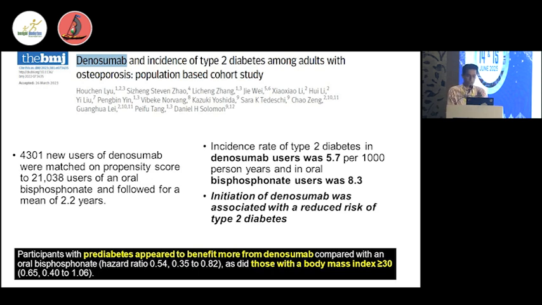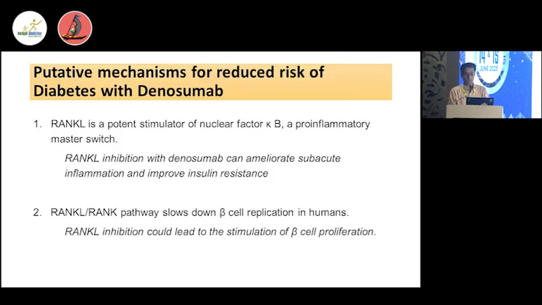There were around 4,000 patients on denosumab compared with around 21,000 patients on oral bisphosphonate, followed for 2 years. Very interestingly, the incidence rate of type 2 diabetes was significantly lower with denosumab compared to oral bisphosphonate. So they concluded that denosumab perhaps can be associated with a reduced risk of type 2 diabetes.